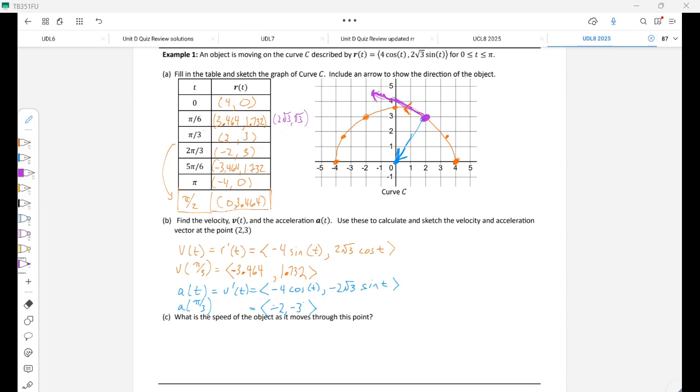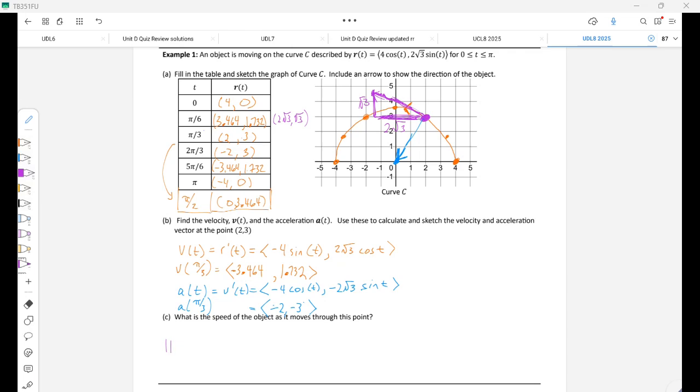So that 3.464 is really 2 square root of 3, and 1.732 is just square root of 3, and that's going to make it a little bit easier to plug into the speed formula, which in the end is just the Pythagorean theorem. The height of that vector is the square root of 3, and the width, or I guess length of that vector, the x component, is 2 square root of 3.